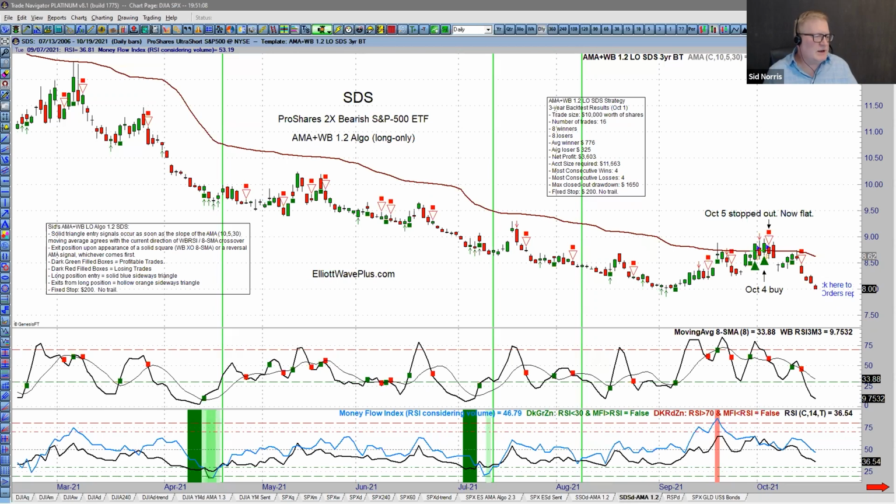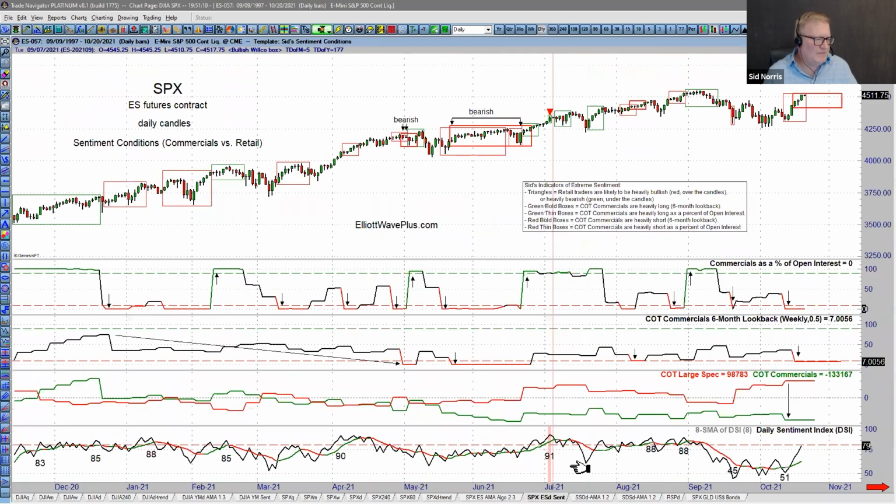I will say, though, you get more bang for your account size trading the futures than you do trading ETFs. Now, if you have a very nice large account, you might prefer to trade the ETFs.